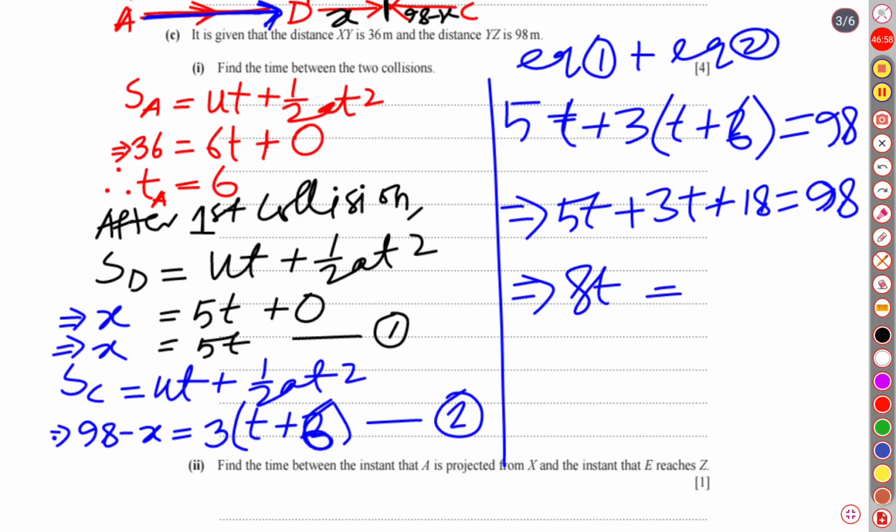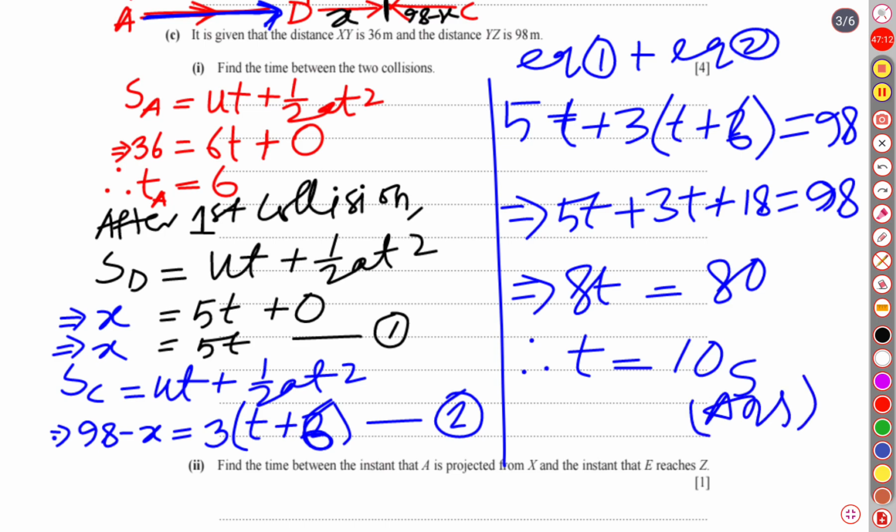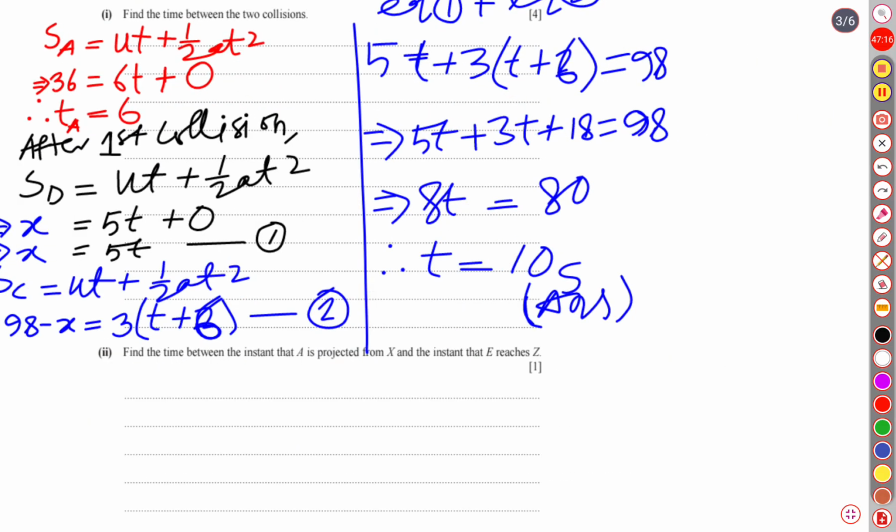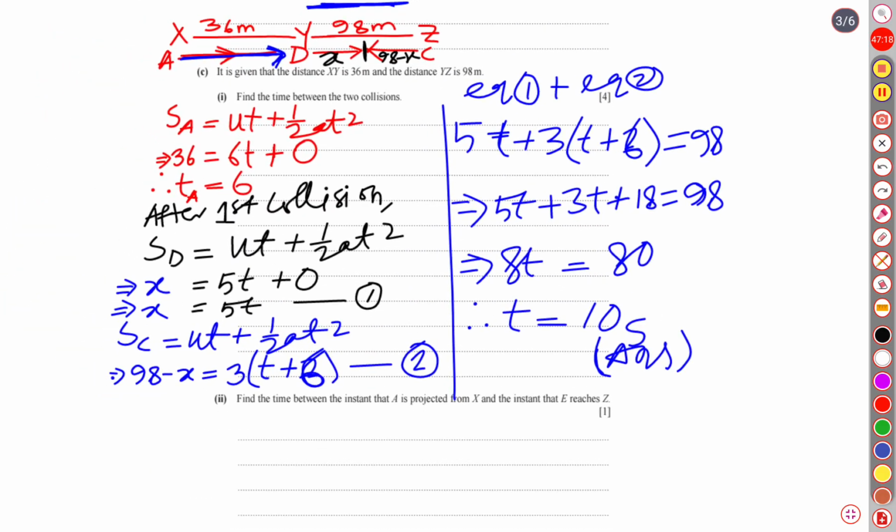If we subtract 18 from 98, it is going to be 80, so t is equal to how much? 10 seconds.